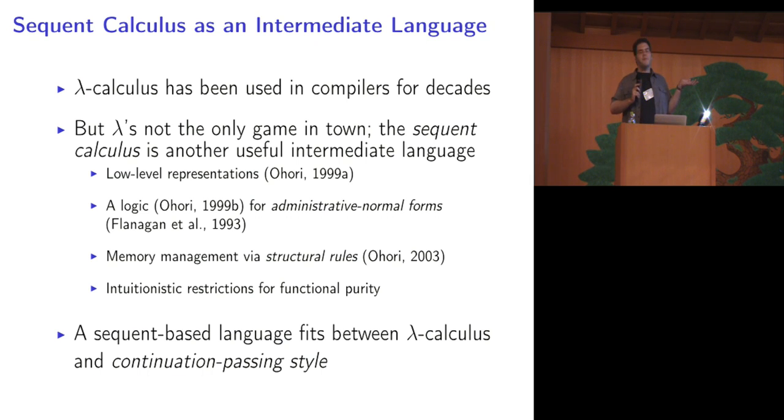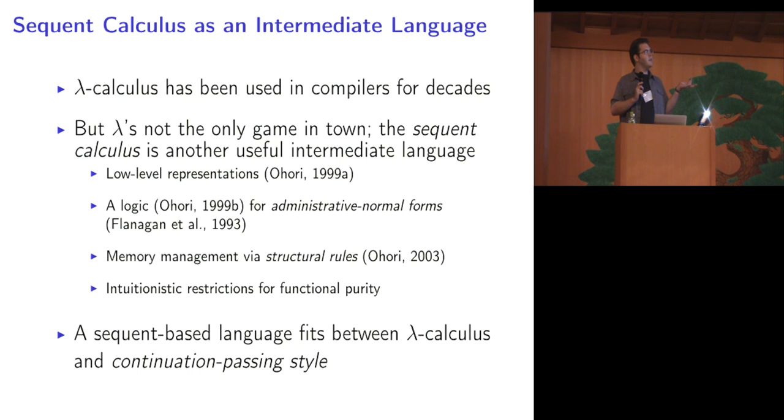But we find out that lambdas aren't the only game in town, in a sense. There's also something else that also comes from the theory. And it turns out to also be a useful intermediate language for compilers to use while compiling.